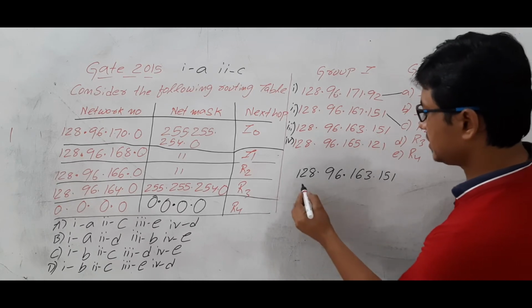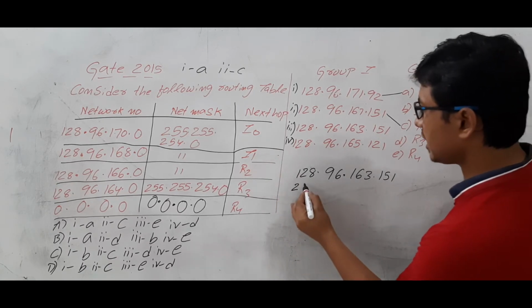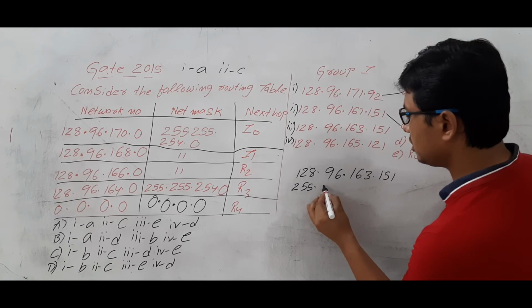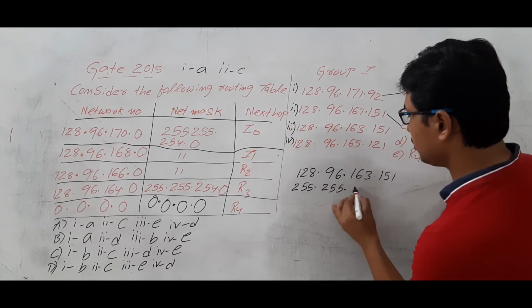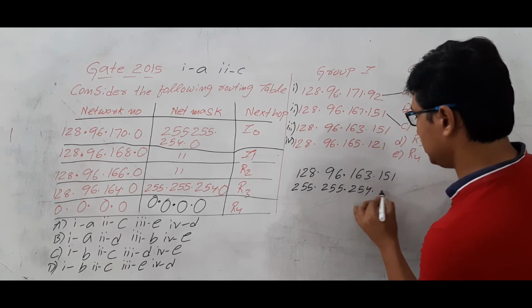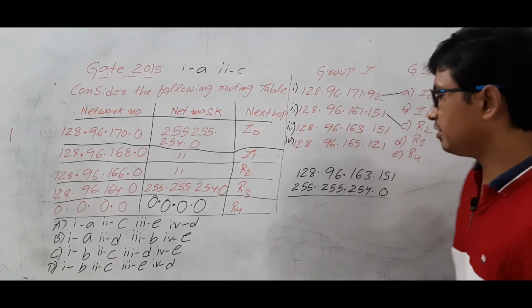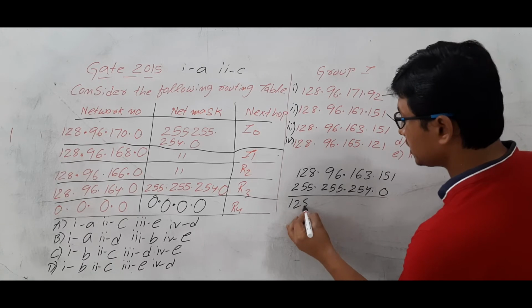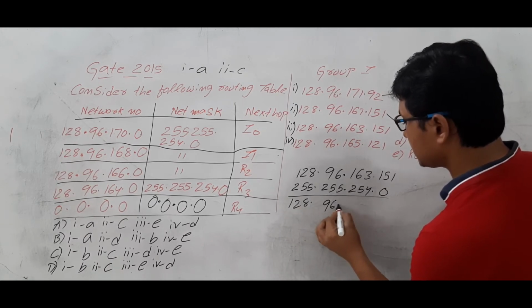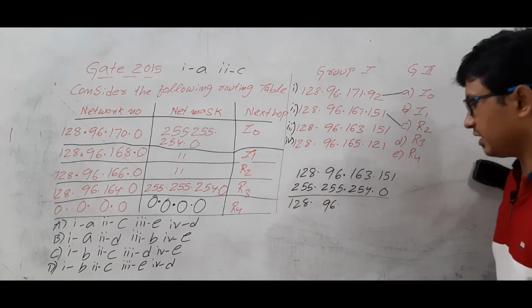I need to perform the bitwise AND with 255.255.254.0. Now 128 and 255 bitwise AND will be 128. This will be 96. Now 163 I need to verify.